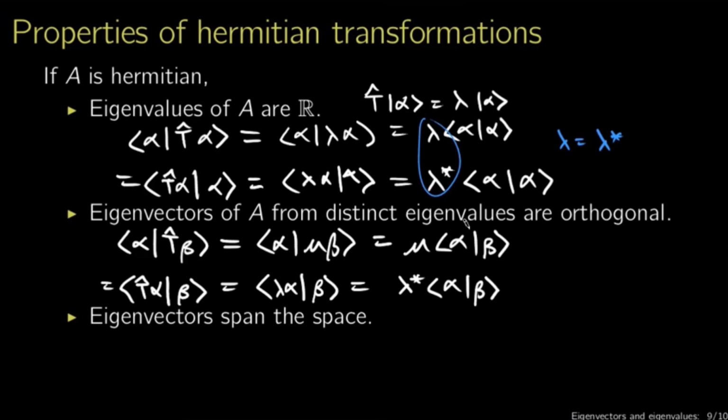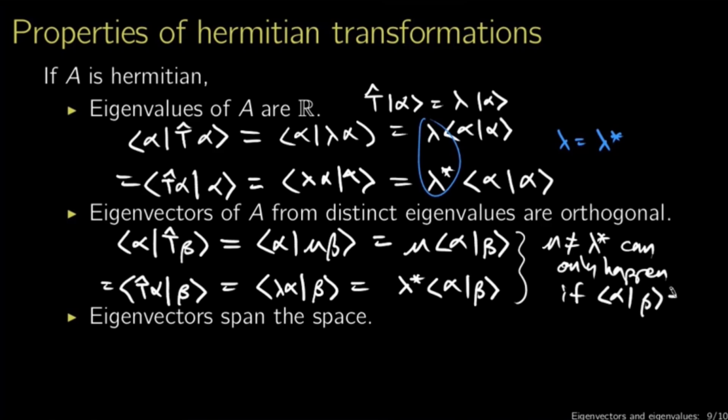If these two things are going to be equal to each other, and mu is not equal to lambda star, this can only happen if alpha inner product with beta is equal to 0. This is really nice because this tells you that the eigenvectors are orthogonal. And if you're thinking ahead, orthogonality is a really good property for basis vectors to have. And if you have an orthogonal basis of eigenvectors, then your transformation has a really nice form as well.